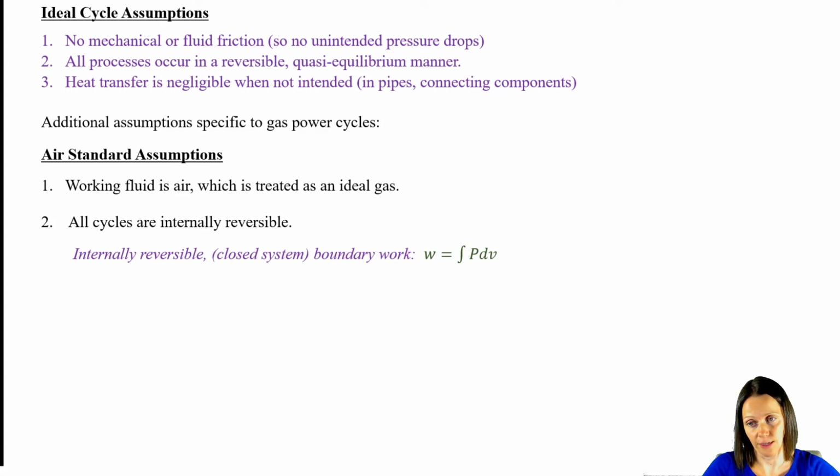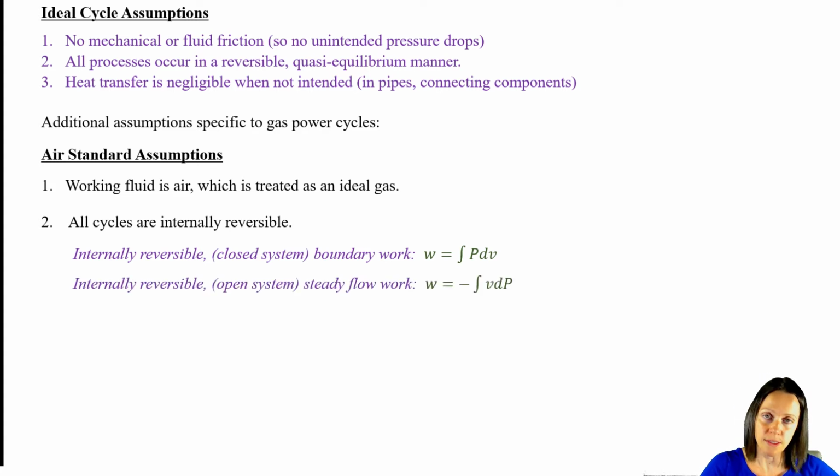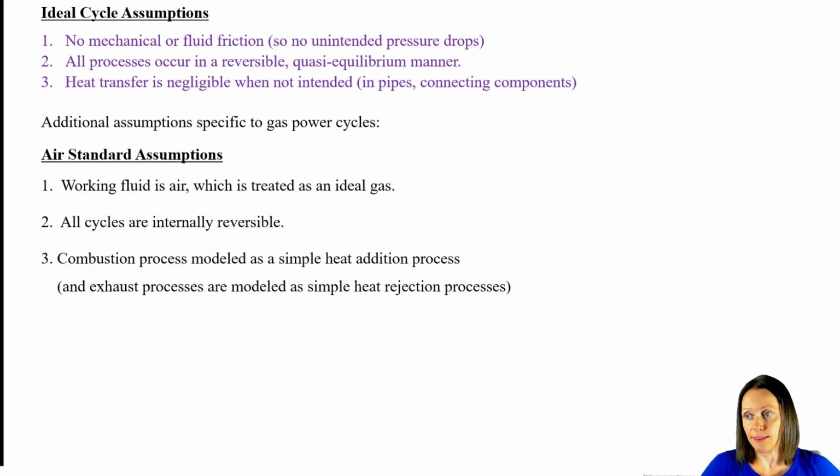We can use this if we assume everything operates in a quasi-equilibrium manner. If we have an open system, we have an equation for steady flow reversible work, which is the negative integral of VdP.